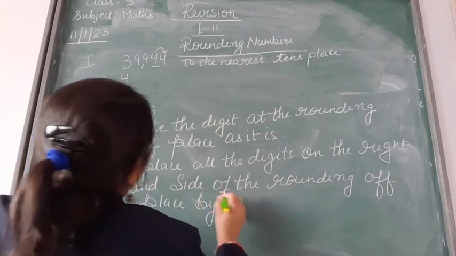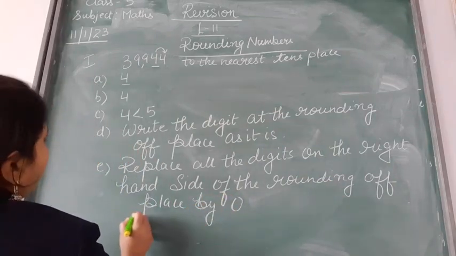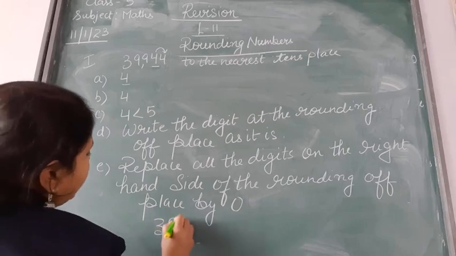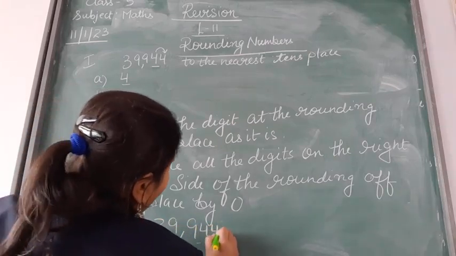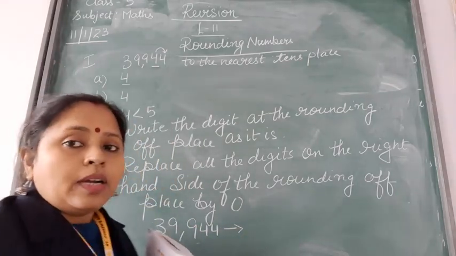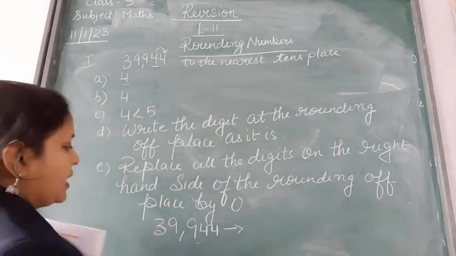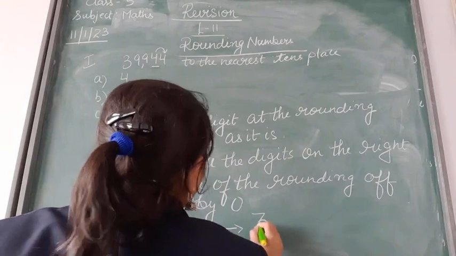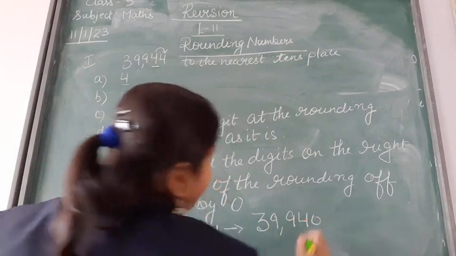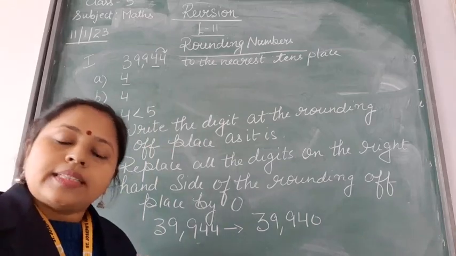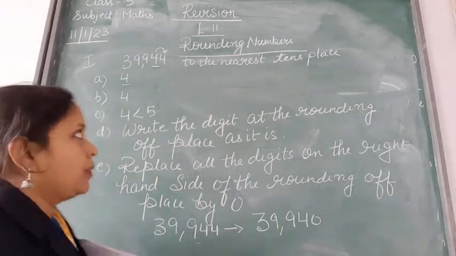So now what will be our answer? Well, 39,944, when we round off this number to the nearest 10th place, it will become 39,940. I hope this is clear to all of you.